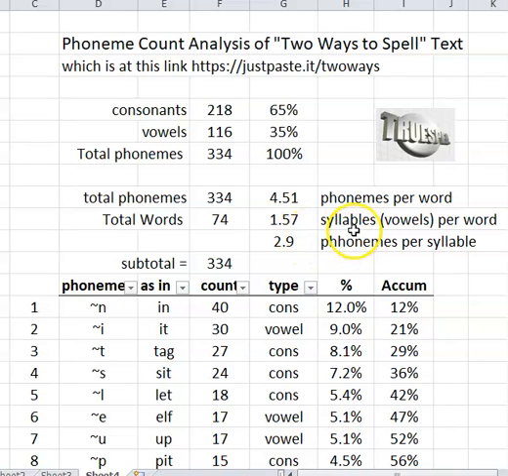Now the syllables per word you can find by dividing out the vowels. Every syllable has a vowel. One vowel per syllable. So if you want to find the syllables in a word, count the vowels, at least in Truespel. And so we found out that there was less than 2 syllables per word.